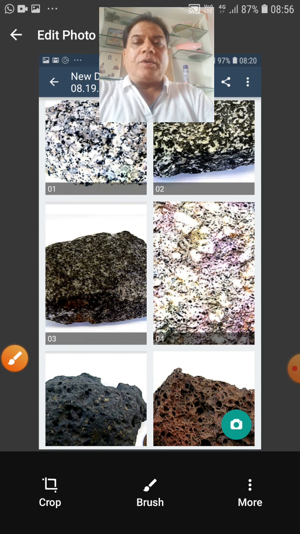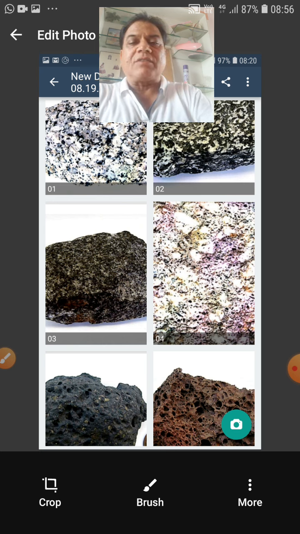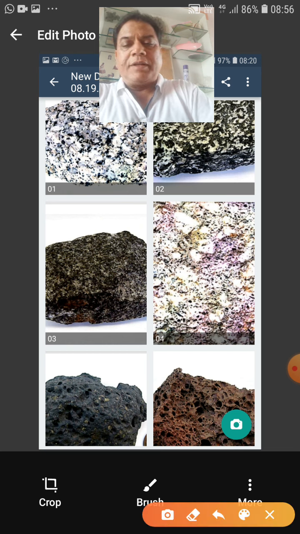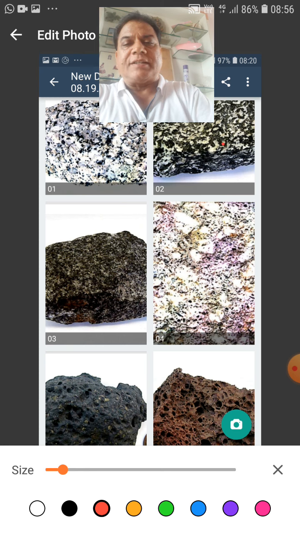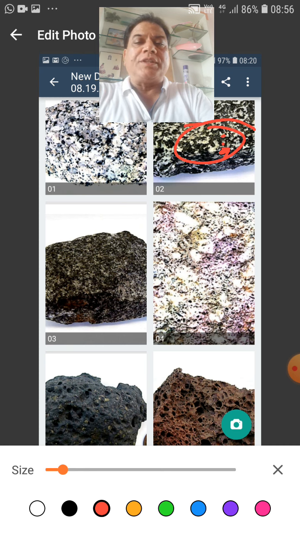Right. Now the next rock which is just adjacent to it has more mafic minerals. You can very well see the dark ones, they are the mafic minerals, and these white ones are the calcic feldspars. So as far as the mineral composition of this rock is concerned, there are more mafic minerals than felsic minerals, and these white ones have lath shape and they are calcic feldspars.